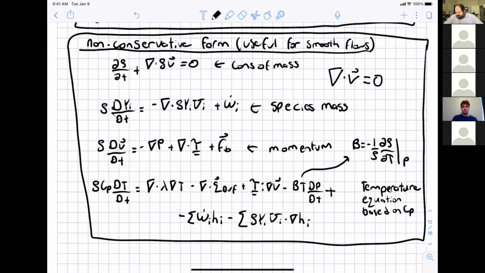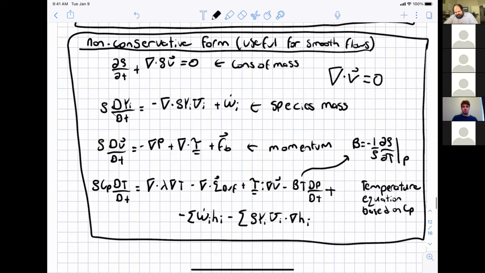And so if your code base is based off of incompressible flow, you need to modify this, and so you add a source term that's equal to minus 1 over rho d rho dt. So there's all sorts of games that you play if you work with non-conservative equations.